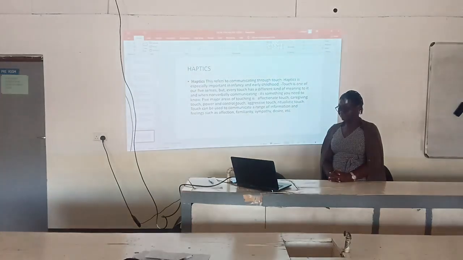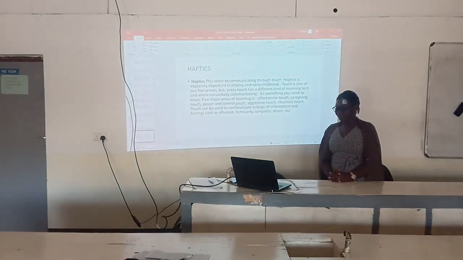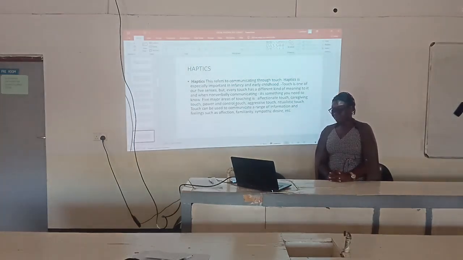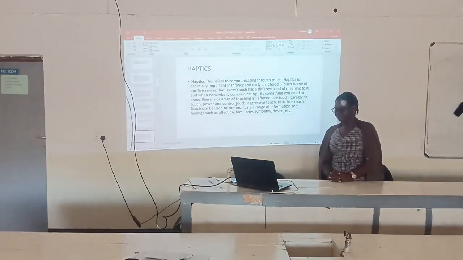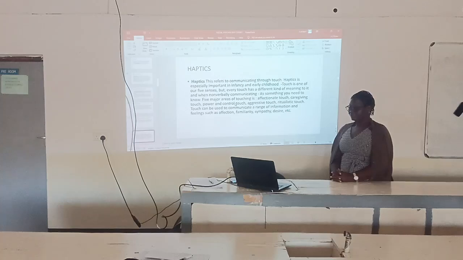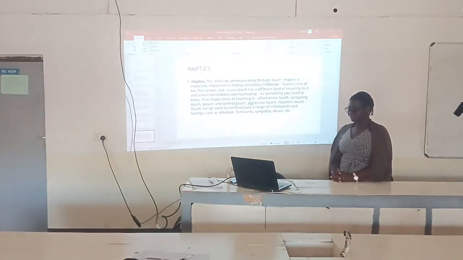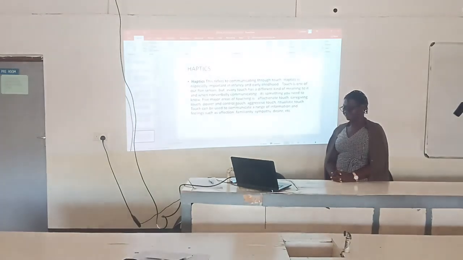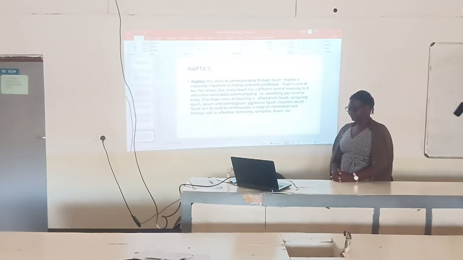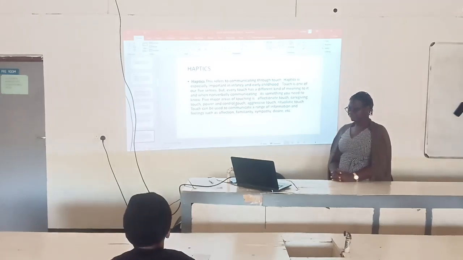Something you need to know: the five major areas of touch are affectionate touch, caregiving touch, power and control touch, aggressive touch. Touch can be used to communicate energy.